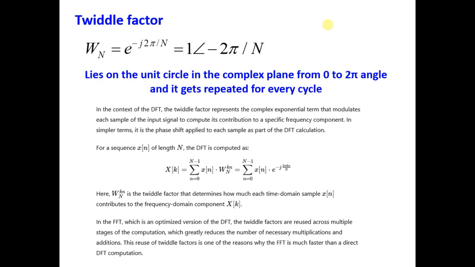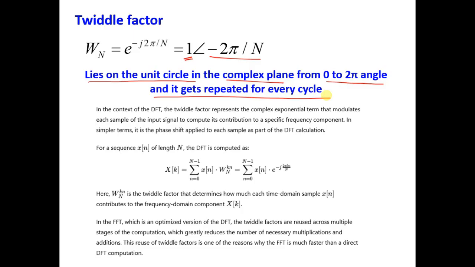So if you look into the twiddle factor, as I told you, the modulus is 1 and the phase of that one would be minus 2 pi by capital N. So what does this say? The twiddle factor values lie on the unit circle in the complex plane from 0 to 2 pi angle, and it gets repeated for every cycle.